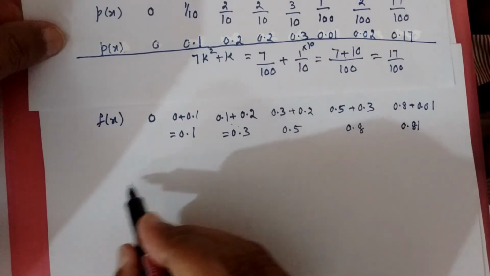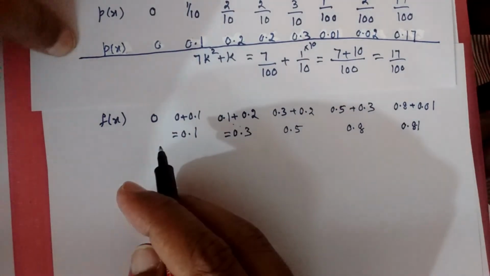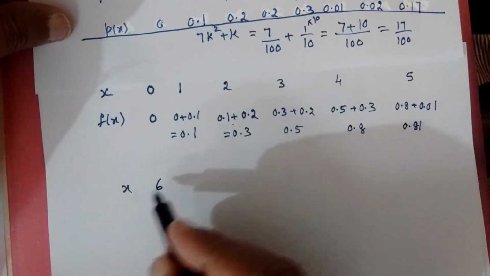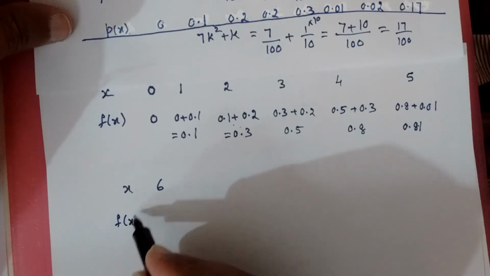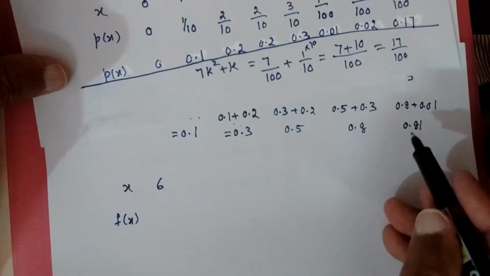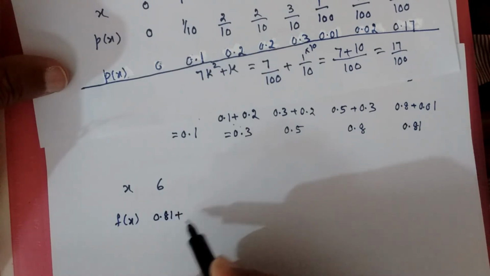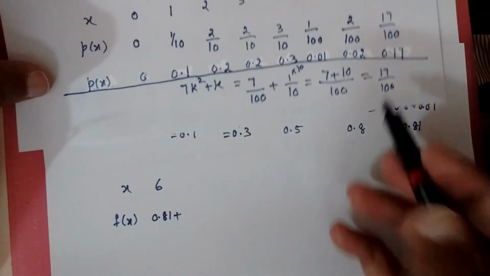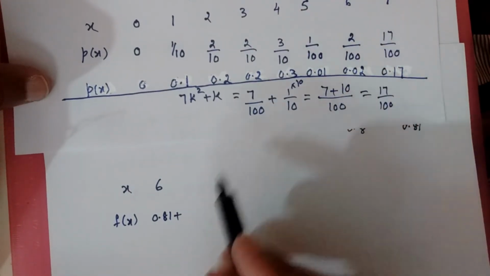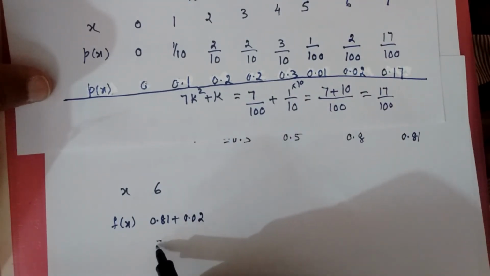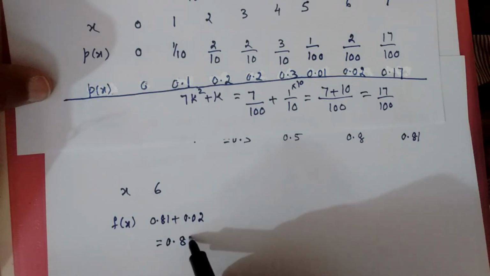Next, when the value of x is 6, what about the f of x value? The previous sum value we already have is 0.81, plus the present value of p of x for 6. For 6, p of x is 0.02. So it gives rise to 0.83.